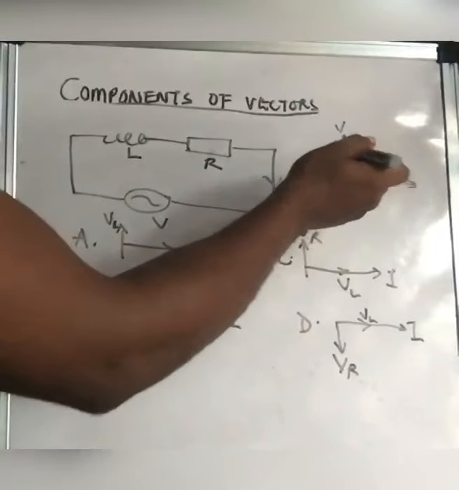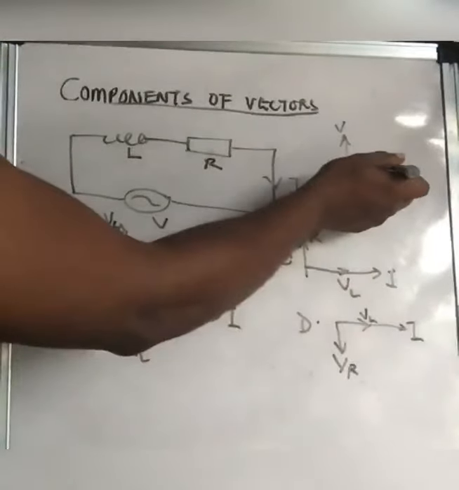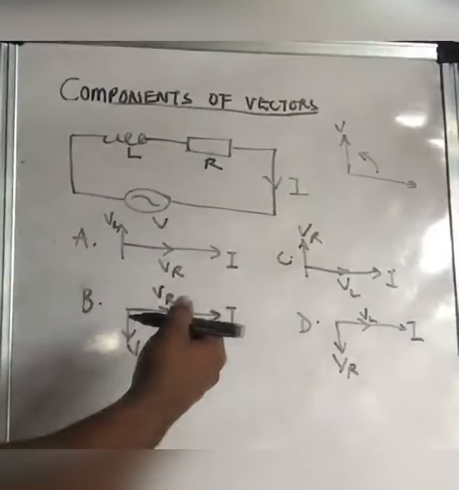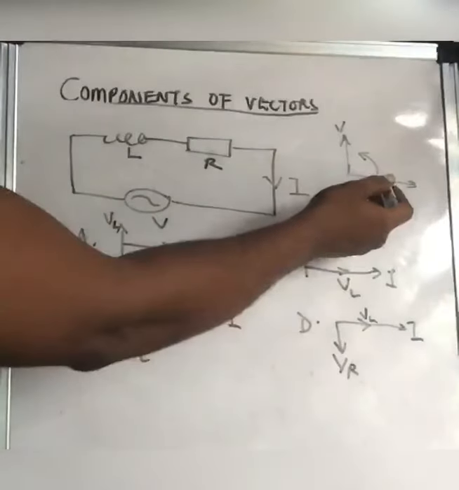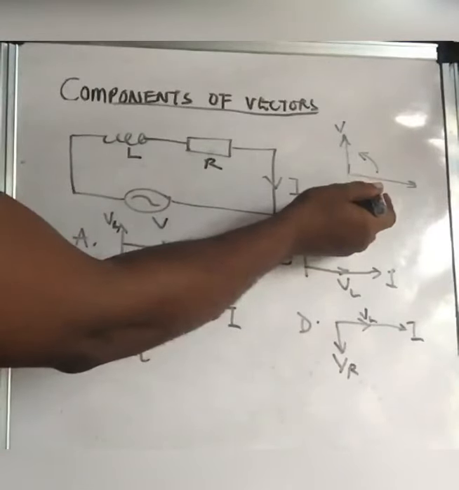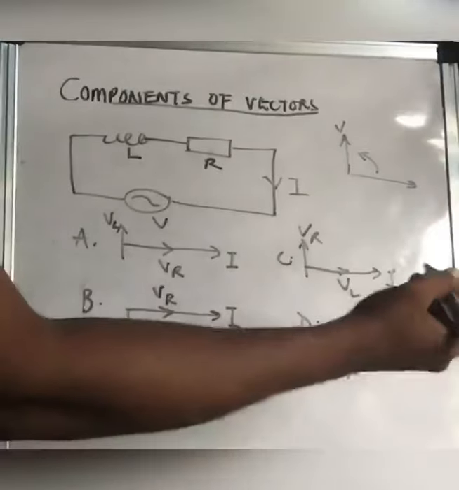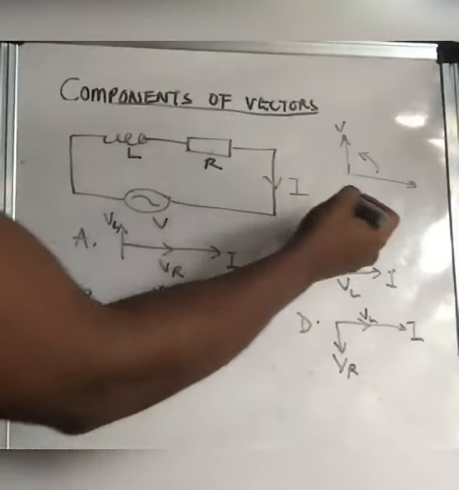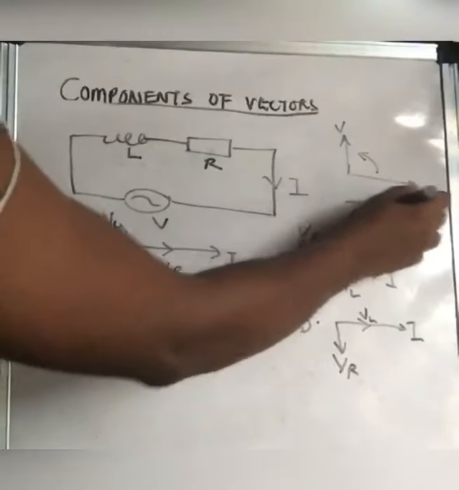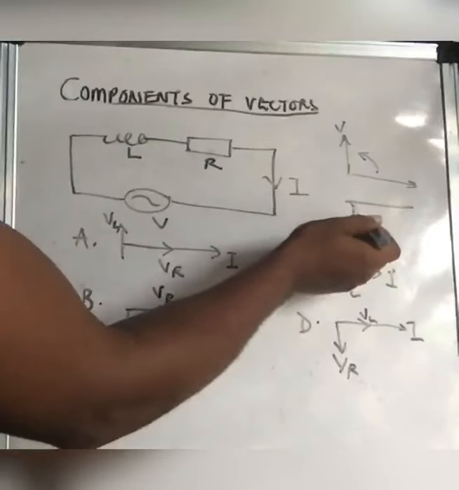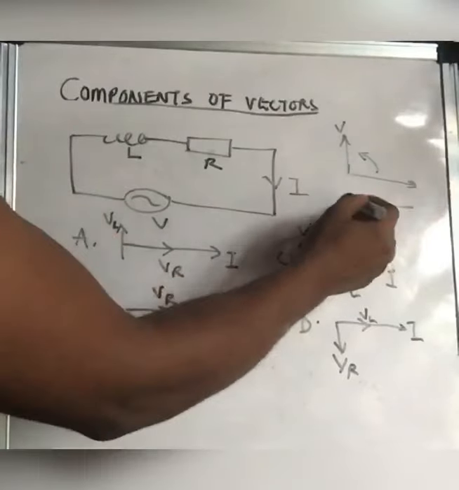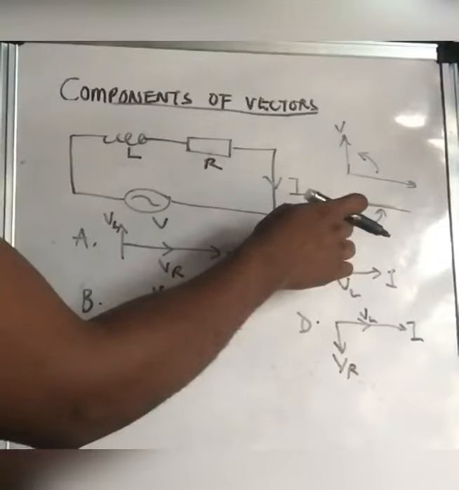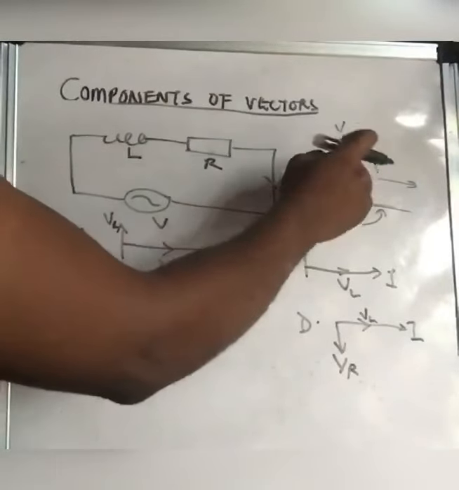It's just as if you're drawing them rotating anti-clockwise. So if they are rotating anti-clockwise, the one that leads should be ahead anti-clockwise of the other one. So if you're drawing it like this, then this one leads. Whatever is on this axis leads, and this axis lags.